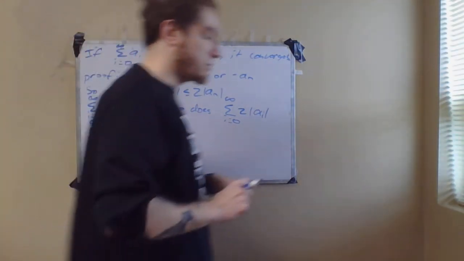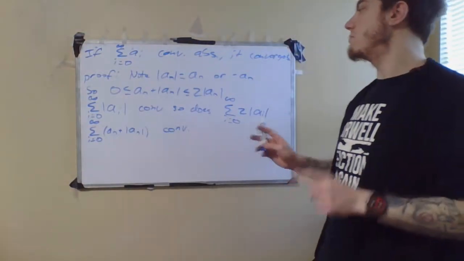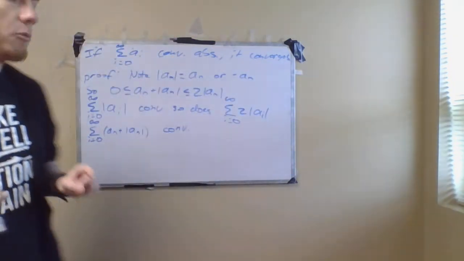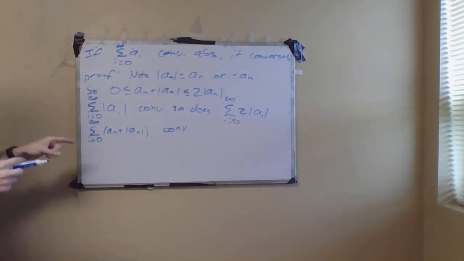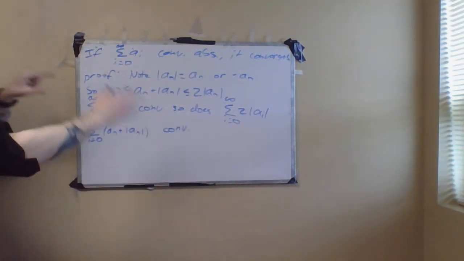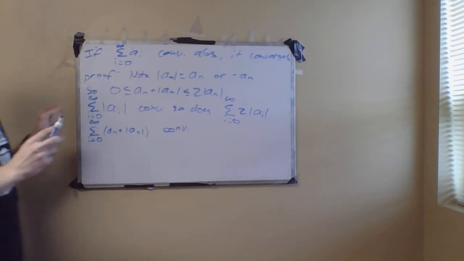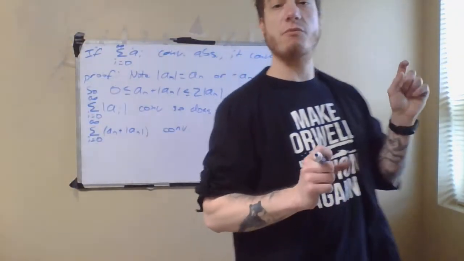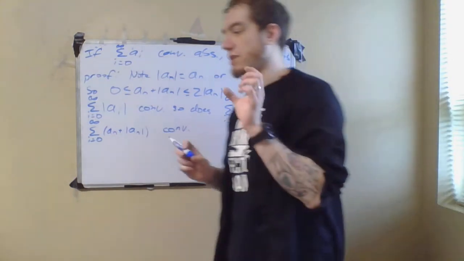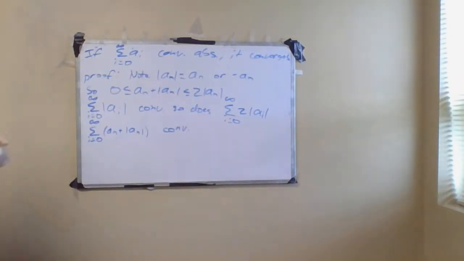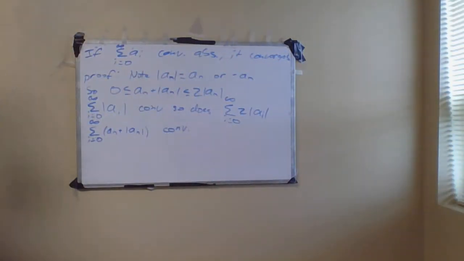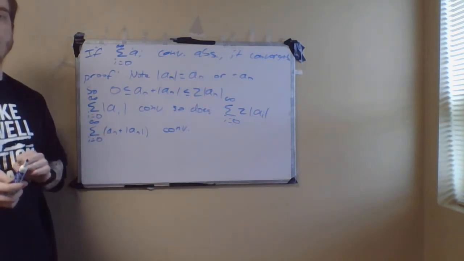Well, the reason is because of something that we'll talk about in more generality afterwards. But there is what is called the comparison test. So if I have two series and they both consist only of positive terms in the sequence that's being summed, and one of them has terms that are less than or equal to the other, and the one with the larger terms converges, well, then the one with the smaller terms has to converge as well.